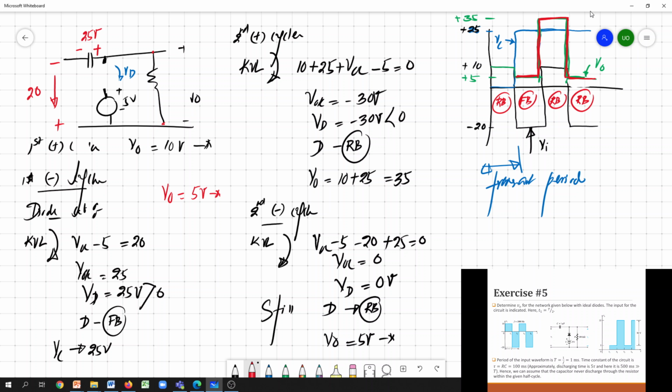If I ask for a steady state output, it's enough to have this red line. If I ask you to explain the circuit and get the output, you show this green line as well. And if you really want to give more insight about the circuit, you can draw the capacitor voltage as well, like in the blue line.